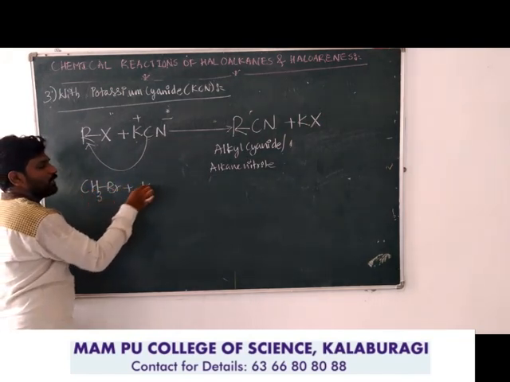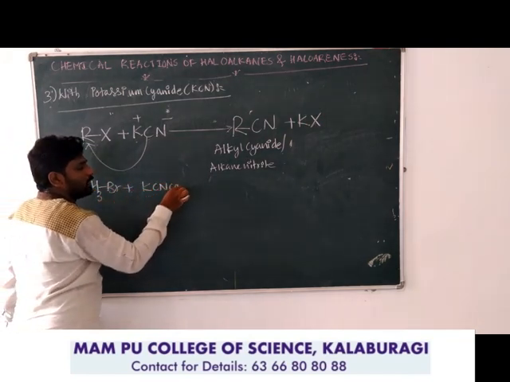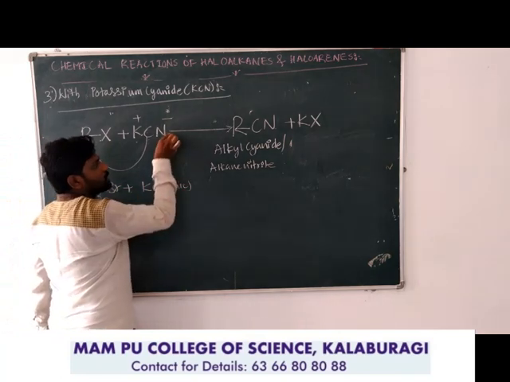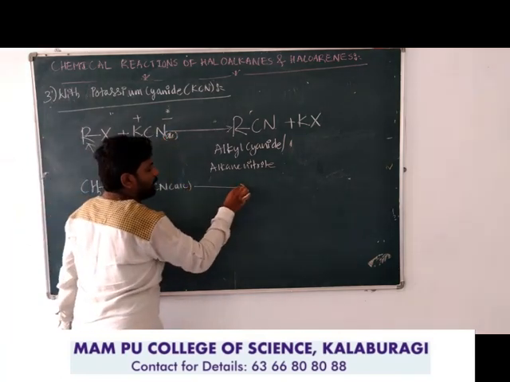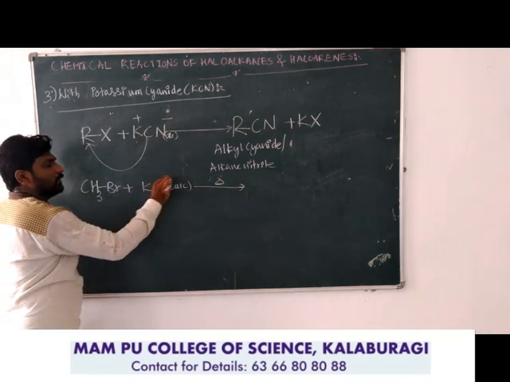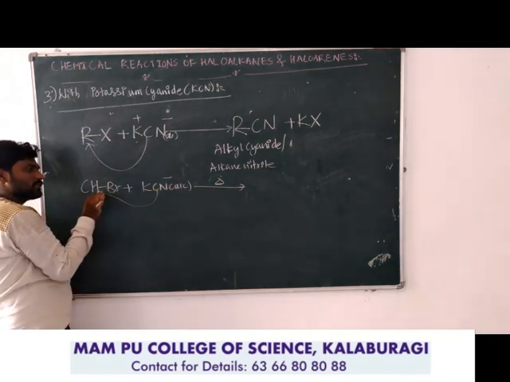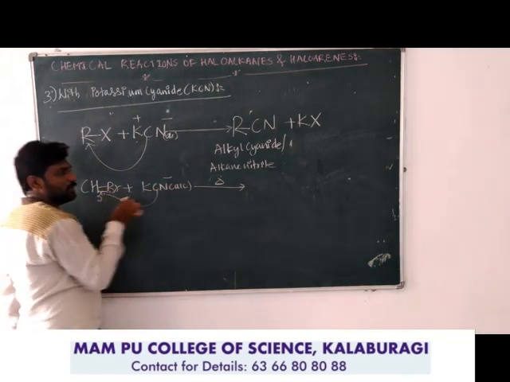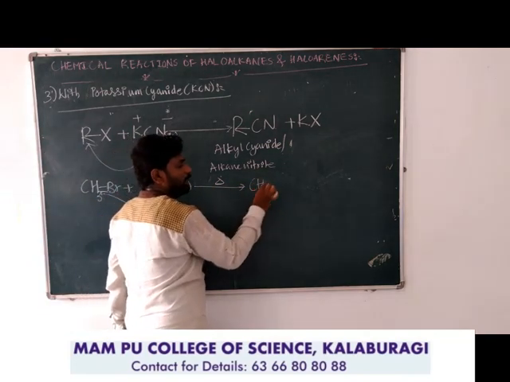Next, if I have taken CH3Br, bromomethane, with potassium cyanide in alcoholic condition. Here also I mentioned alcoholic condition. After heating, the carbon atom behaves as the nucleophilic center, attached to the methyl group, and the Br is replaced by the CN.